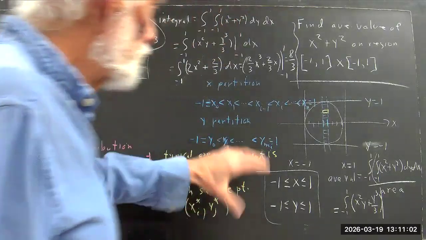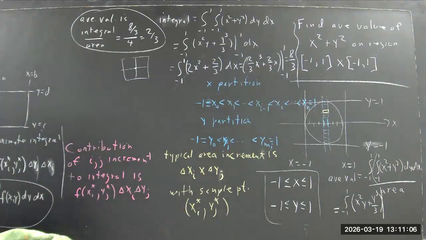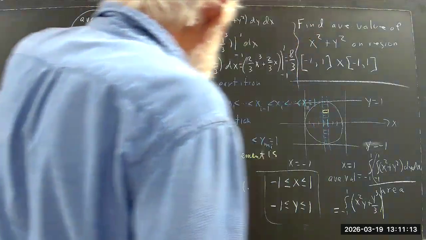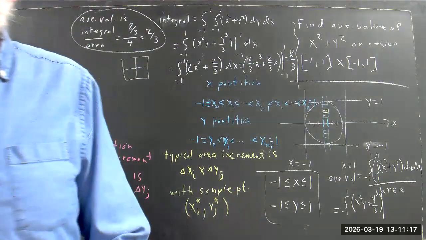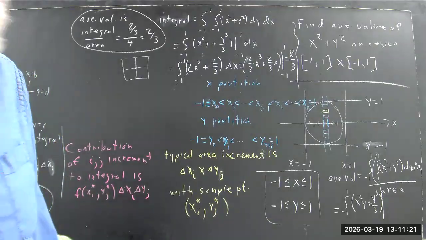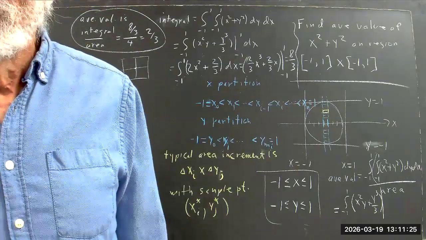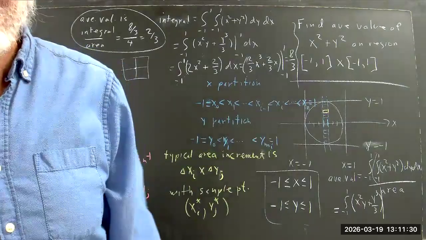So what we're really getting to is the soul of an integral. This is what an integral is really about. You could do a Monte Carlo simulation. You program the computer to randomly generate points within this square and evaluate x squared plus y squared at every point.